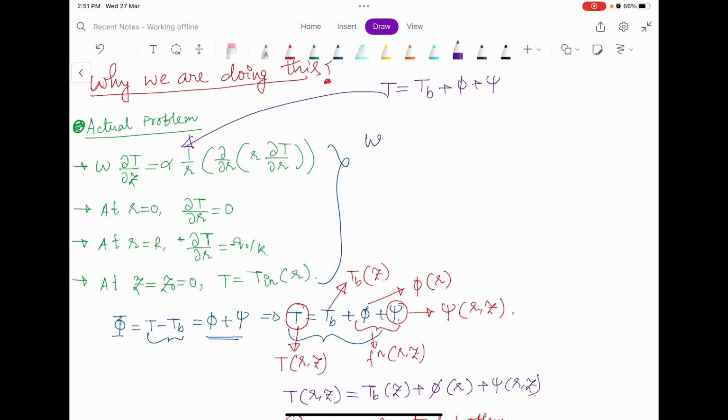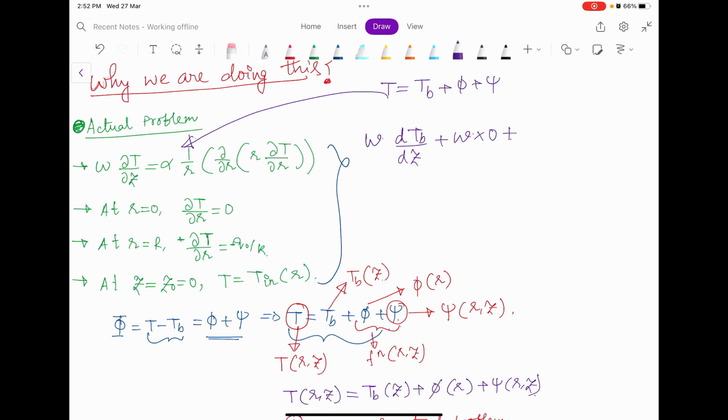So w into del z of Tb, but Tb is only a function of z, so you will get that here. Then w into phi: phi is only a function of r, so this will be 0. There will be no z derivative.